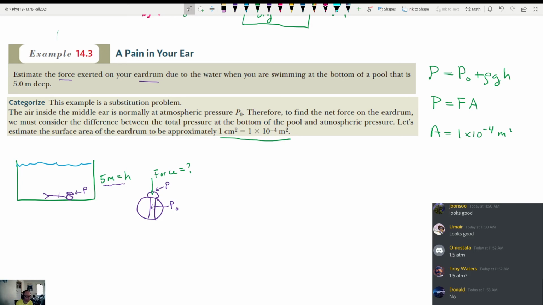You all, of course, are welcome to ask questions while we're doing this. So if you do have a question, feel free to ask or type it. Either one, Robert, you're still going to get about the same answer. Either one that you want to use. I think it's usually okay to just use 1 times 10 to the 5. When you're doing your homework, maybe you'd want to do the exact value.